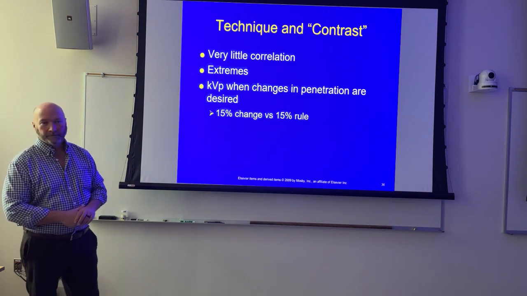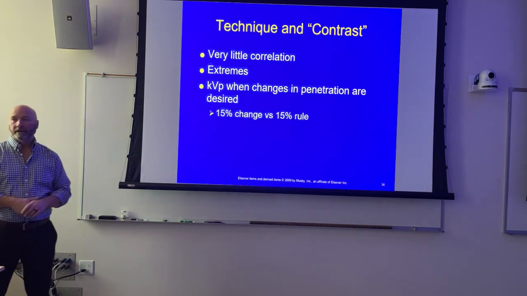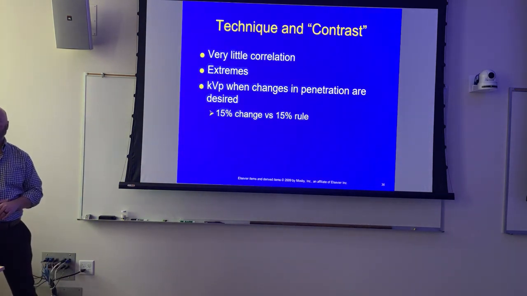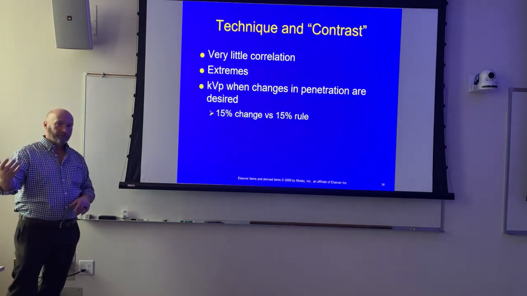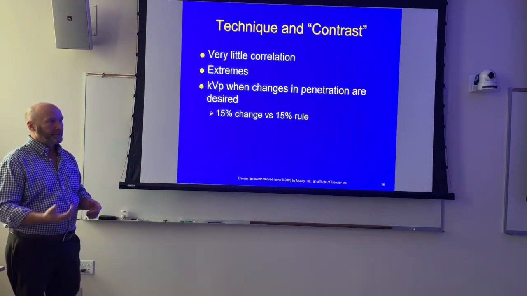So what is the correlation between technique and contrast? Not much, really. I'd say collimation is probably more important in the visual contrast and image manipulation than KVP or mass. So very little correlation in a digitally reconstructed image unless you really over or underexpose a patient by quite a bit.